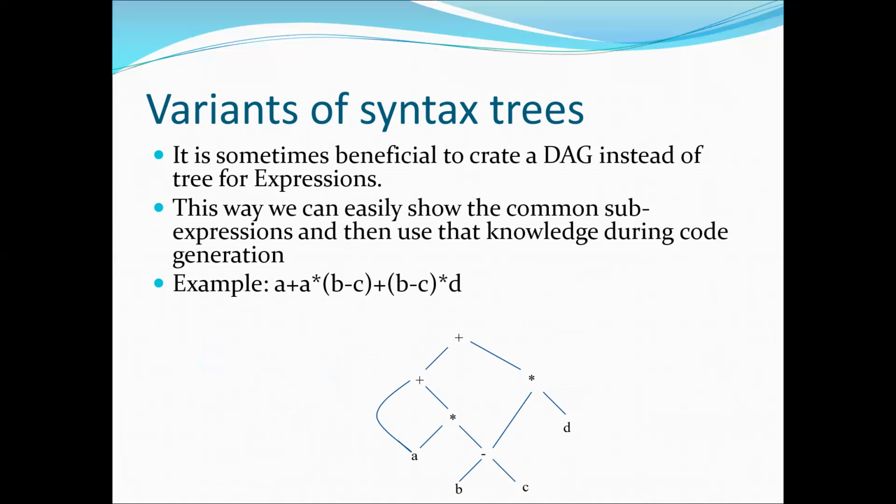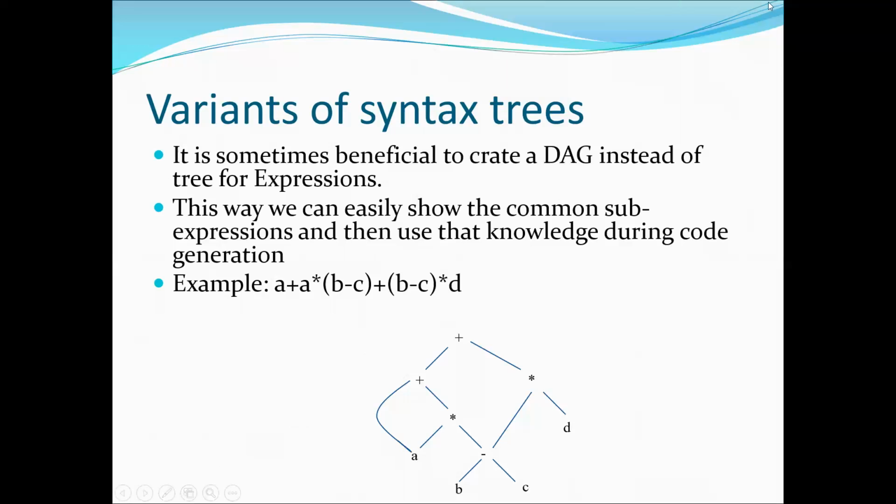In any expression, we give emphasis to priority. First comes parentheses, next multiplication or division, and then addition or subtraction. So we give importance to whatever is in the parentheses, and that too from left to right. According to left to right, we are going to use this.